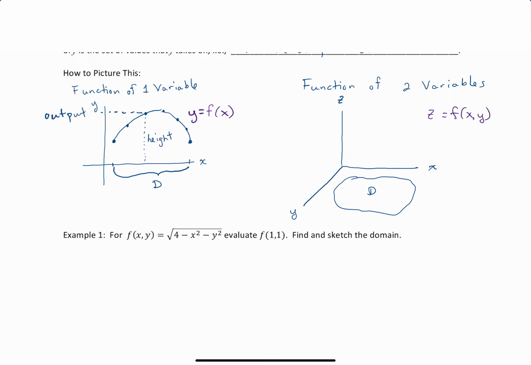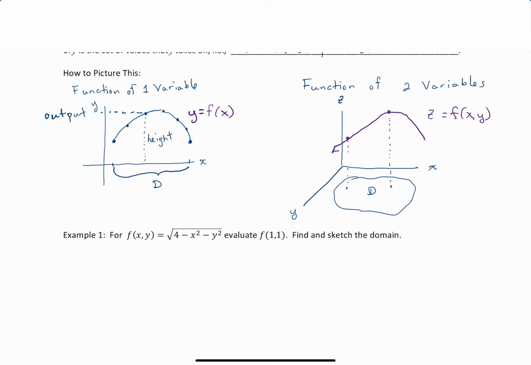So if I were to take all my xy points in the domain and then use the output of f as the height above that, then what I'm going to get is some sort of surface.